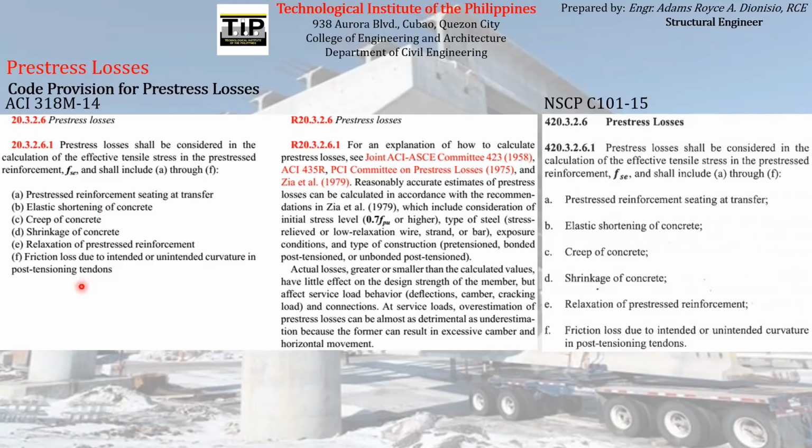But if you refer to ACI 318M-14, in the commentary on this particular code provision, R20.3.2.6.1, you can see that the code mentions some references that the designer may refer to in order to compute the estimated magnitudes of these particular causes of pre-stress loss.